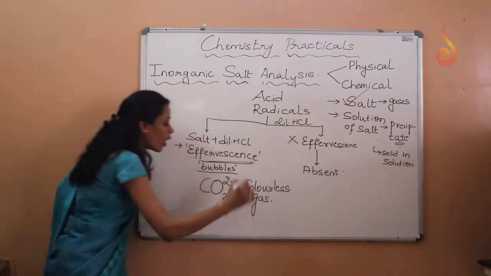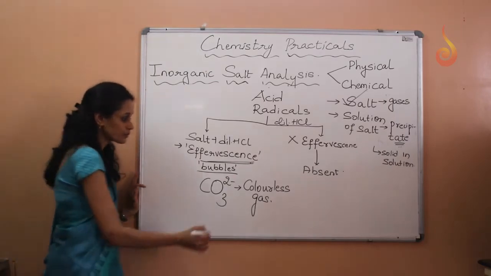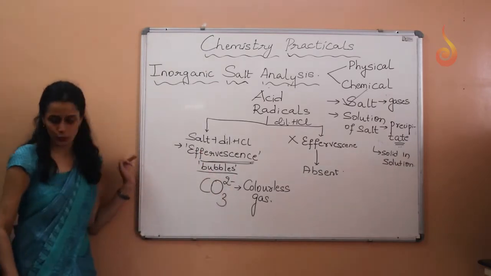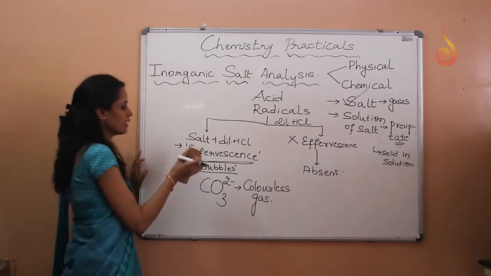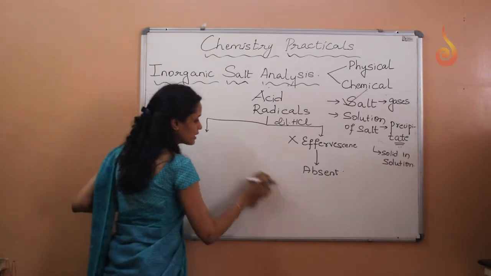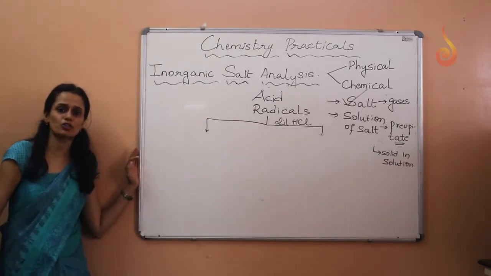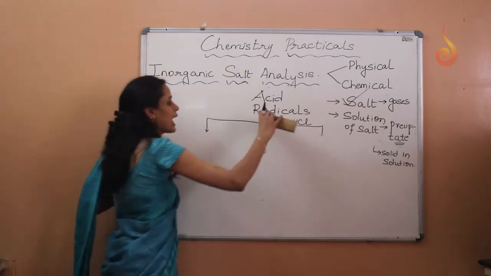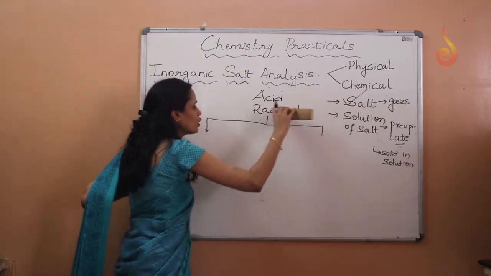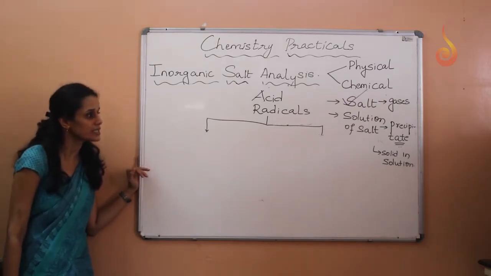That's for first group. Now, as I told in the beginning, if there is no effervescence observed, we say that first group acid radicals are absent. Then we'll move on to second group acid radical detection.